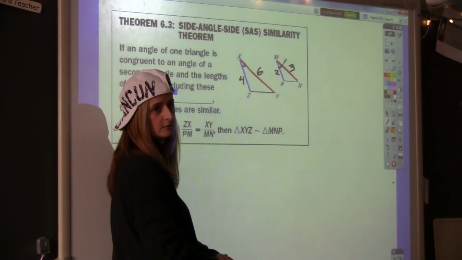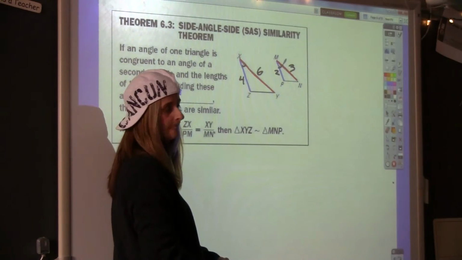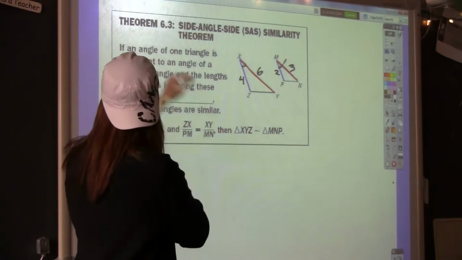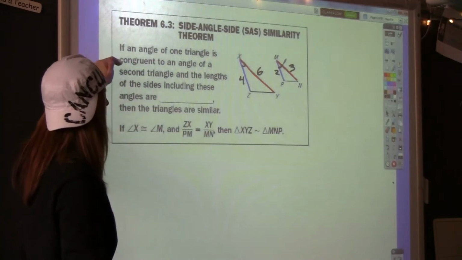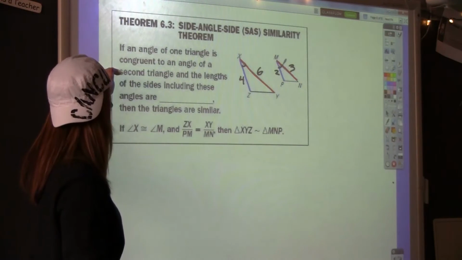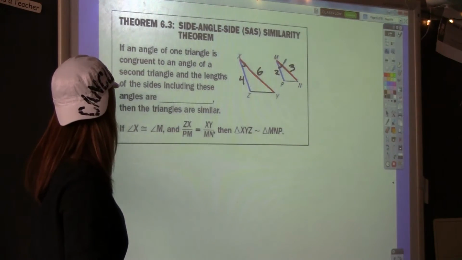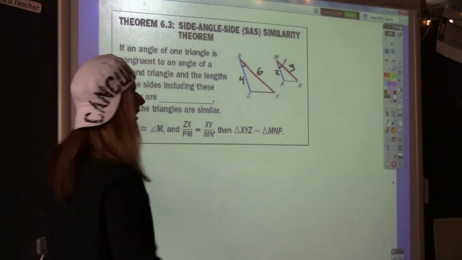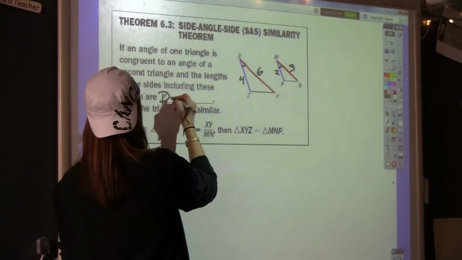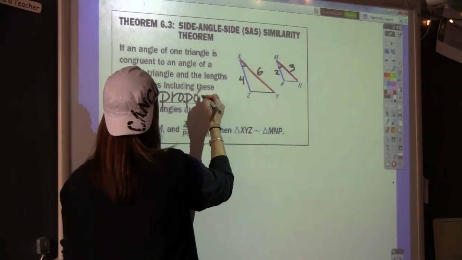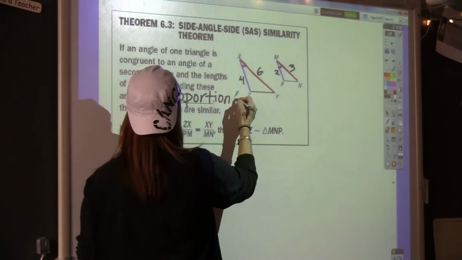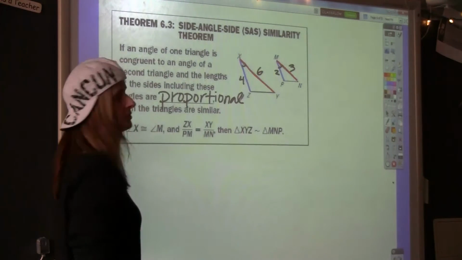Sorry, similar. If an angle of one triangle is congruent to an angle of a second triangle, and the lengths of the sides including these angles are proportional, then the two triangles are similar.